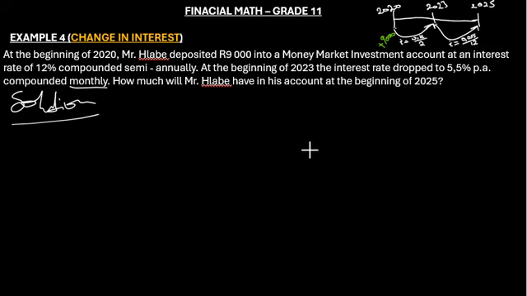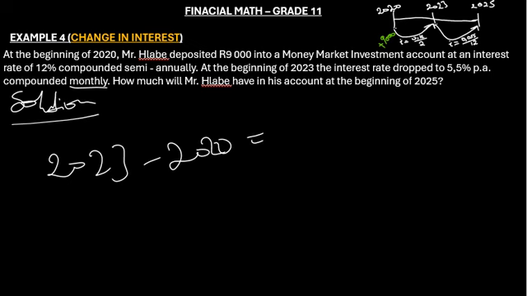So the solution now will say, from 2020, here we have n1 and n2. The number of years from 2020 to 2023, you just say 2023 minus 2020, you get 3.